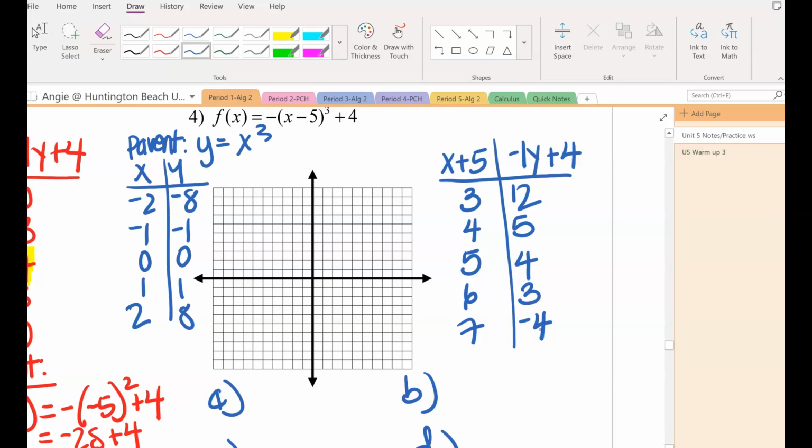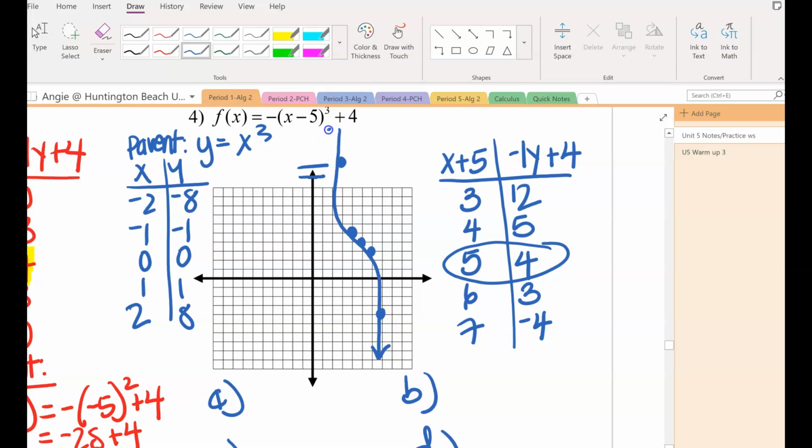As you can see, I have a y value that's 12. I'm going to make 2 more tick marks up above. So 3, 12; 4, 5. I'm sorry, that's not your h and k. I lied. The h and k is in the middle. This is your h and k. This is your inflection point. 5, 4; 6, 3; 7, -4.